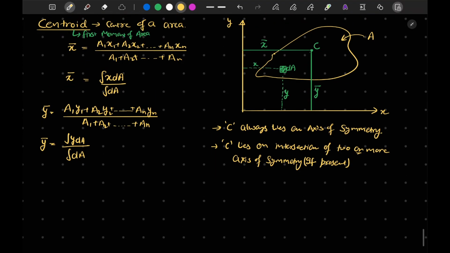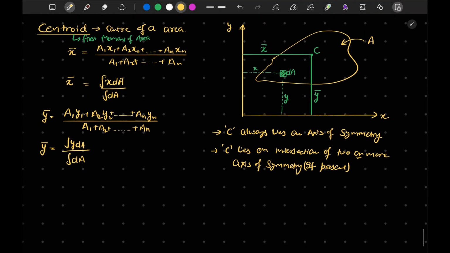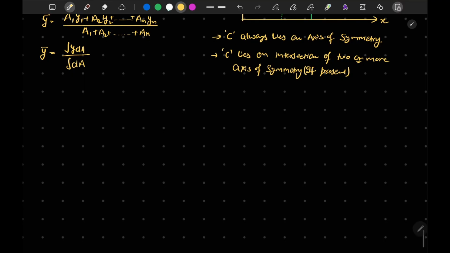Now I will be moving to my next topic, that is moment of inertia. I mentioned that the centroid was the first moment of area.